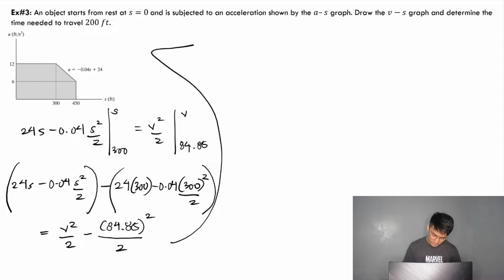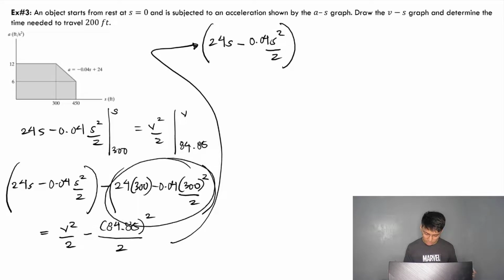Let us calculate. We have 24S minus 0.04 S squared over 2, and this one, calculate, the value is negative 5,400, is equal to V squared over 2.